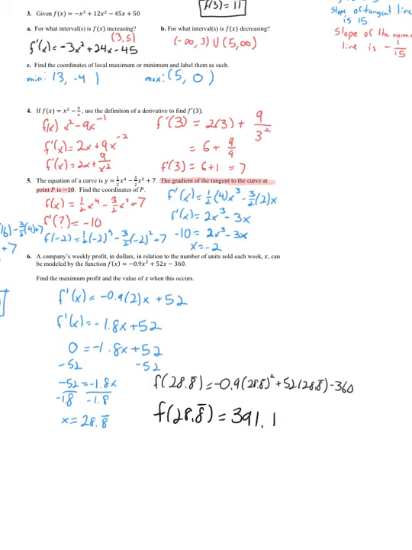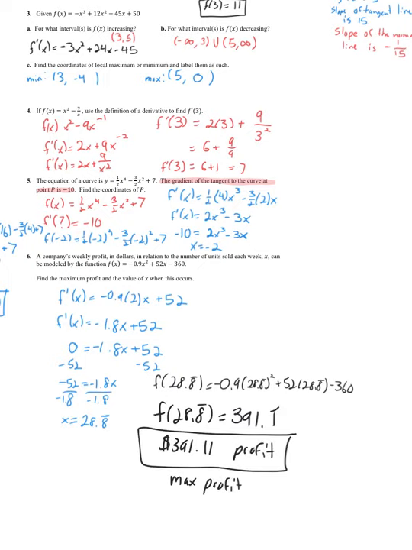So it's safe to say that $391.11 profit is the maximum profit I'm going to make. And that occurs when x equals 28.8.